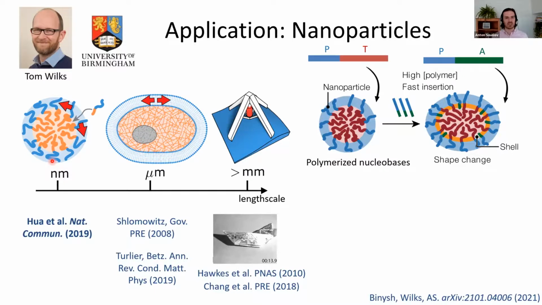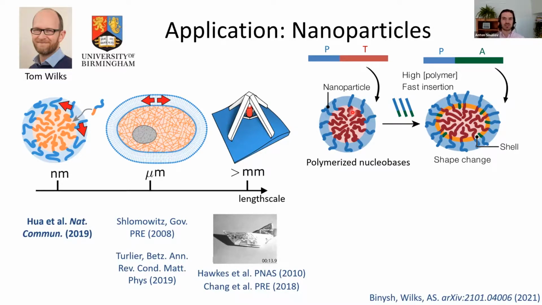There's this particular work that has inspired us, where we've collaborated with Tom Wilkes to try to understand what happens in a particular system of spherical nanoparticles as they deform. These nanoparticles are elastic in the bulk because they're made out of long polymers that are entangled.